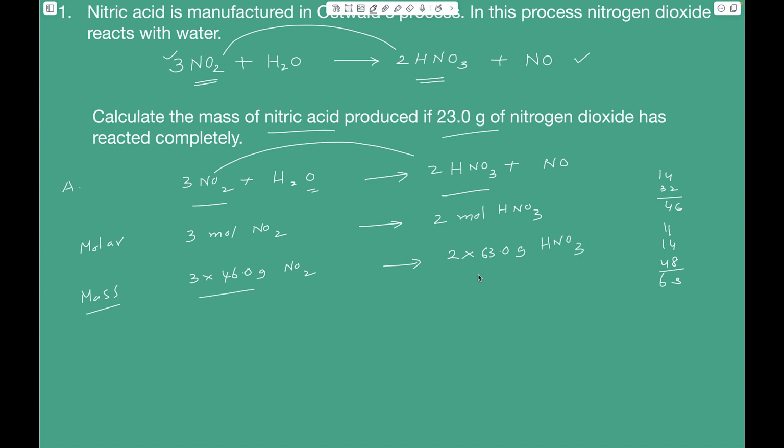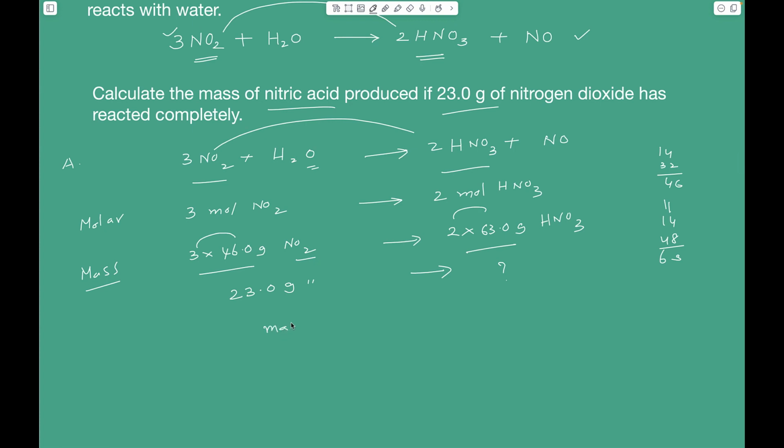So we got a relationship between their masses using this balanced equation. That says if you had so many grams of nitrogen dioxide, you would have got so many grams of nitric acid. But here you have only 23.0 grams of nitrogen dioxide. Then how much nitric acid would you get?